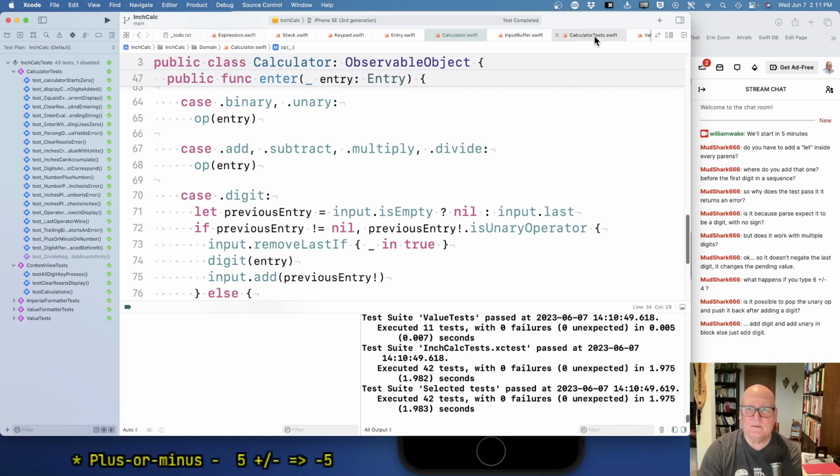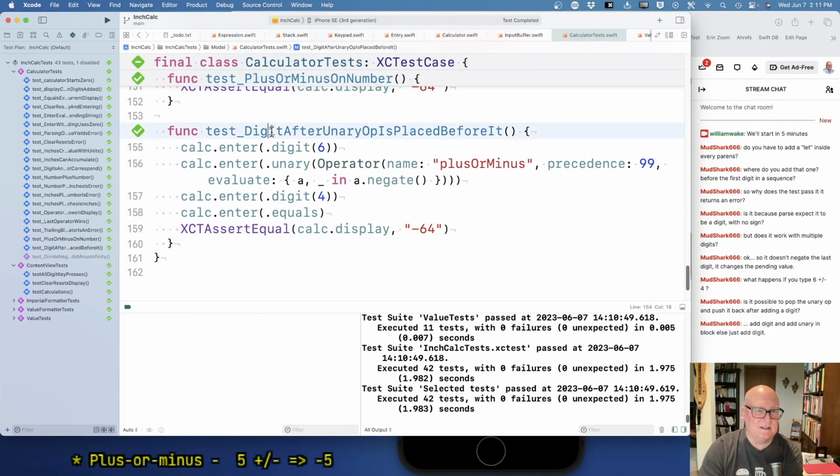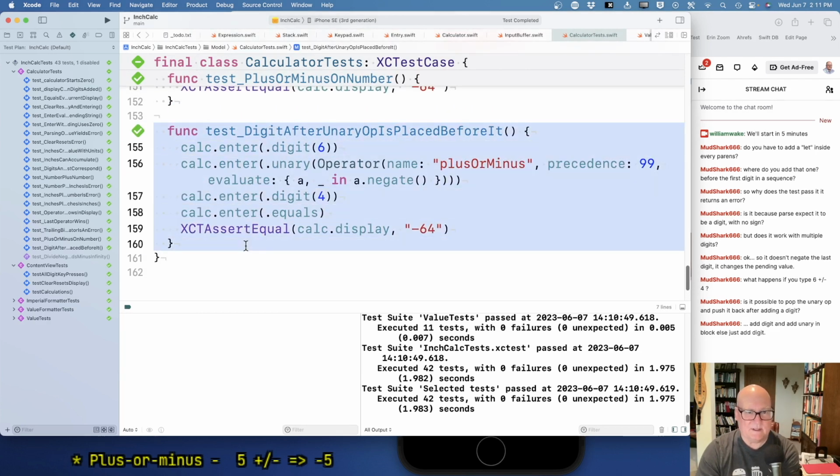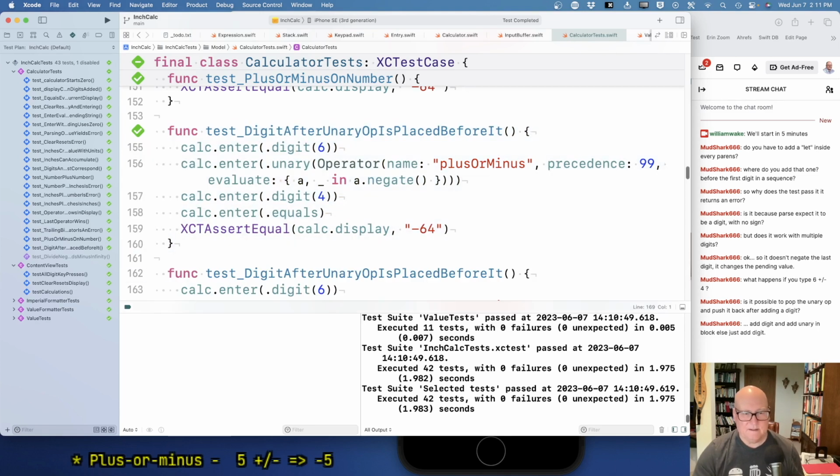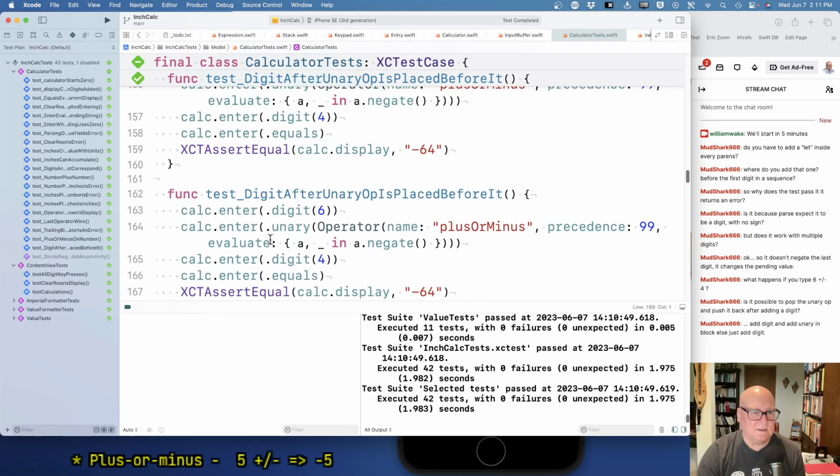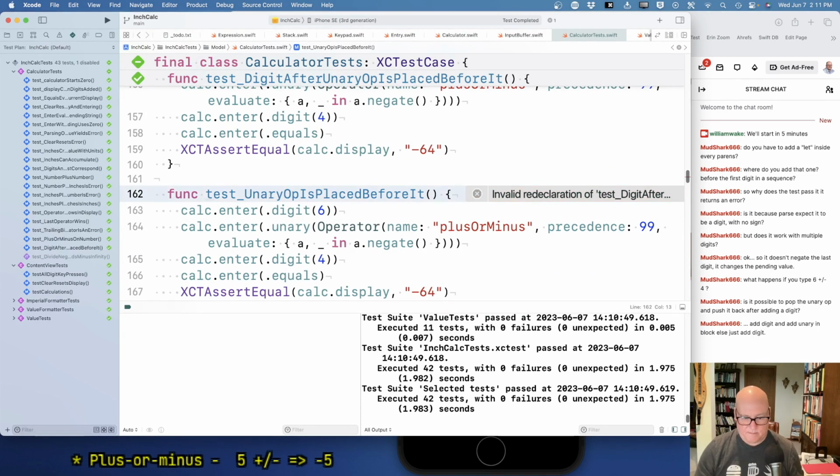All right, let's move on to another test. Okay, so I think that's all right. Okay, so this one, well, it's unit value, then binary op, unary op.